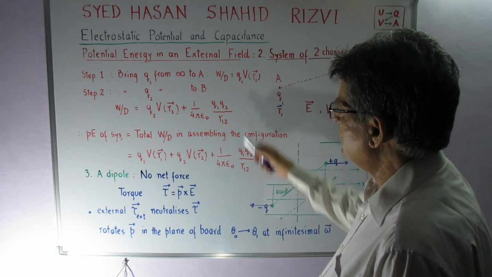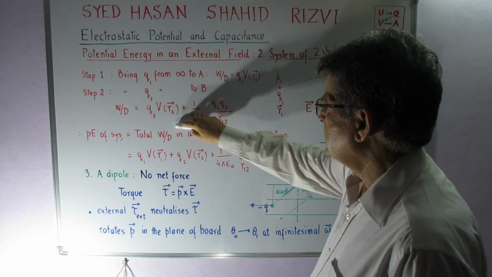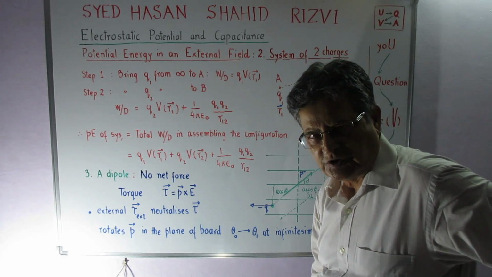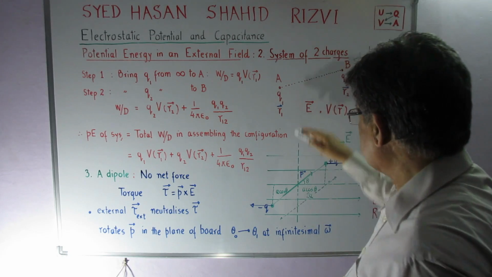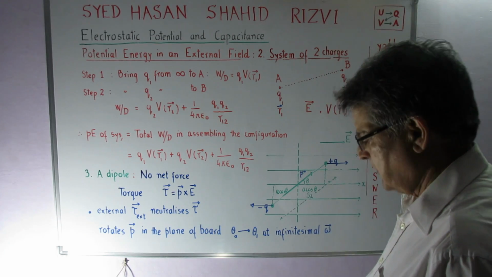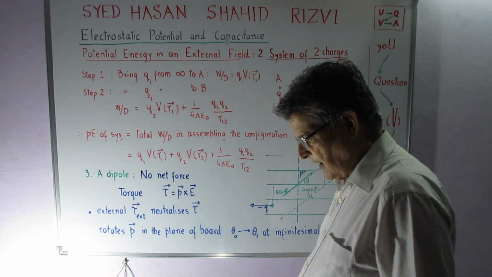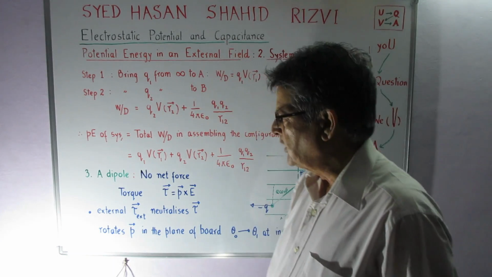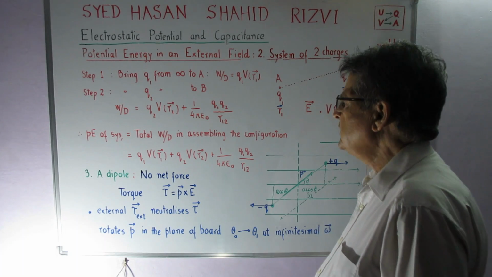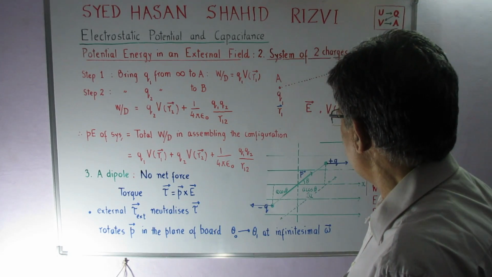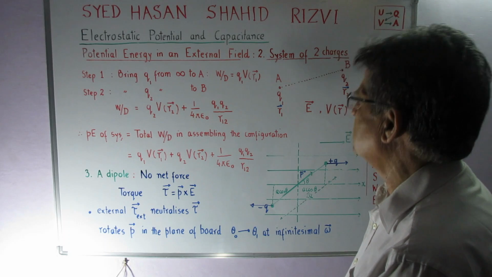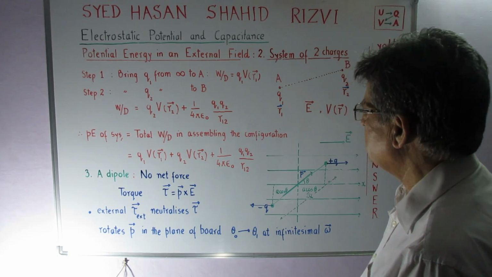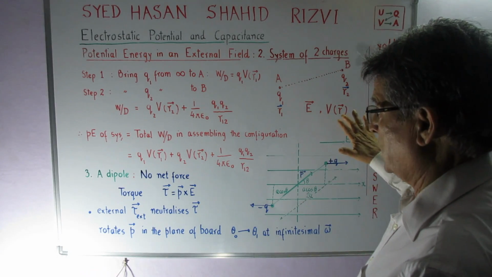So now we have this and this, and the potential energy of the system of two charges, in assembling them to the positions A and B under the influence of the external electric field, are the potentials at those points at a certain moment of time, if they are varying with time, etc. But we are not going to take that.